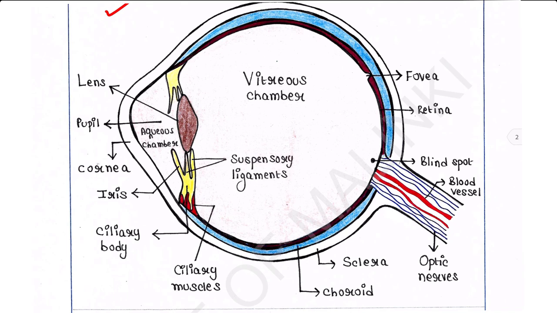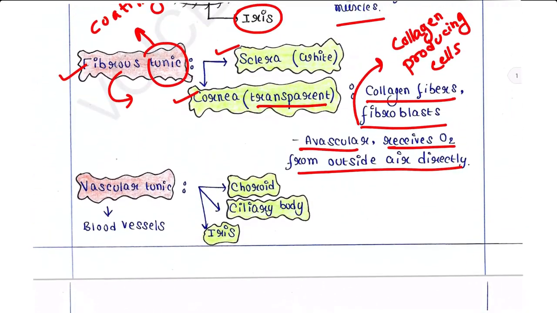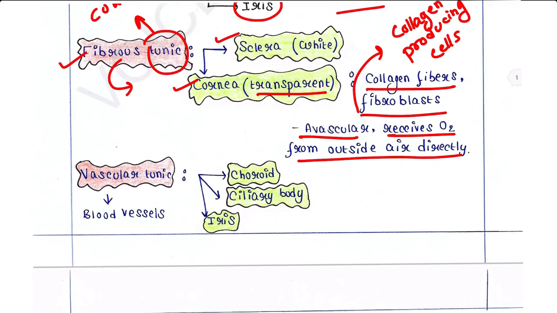Now see this picture. You will find sclera and cornea here. Sclera is the posterior part and cornea is the anterior part. And the next layer is the vascular tunic, that is the middle layer.